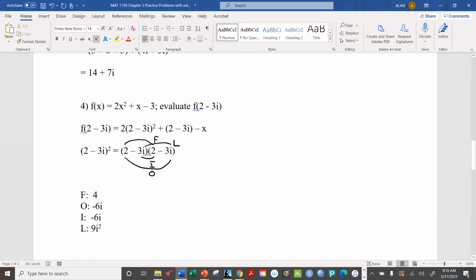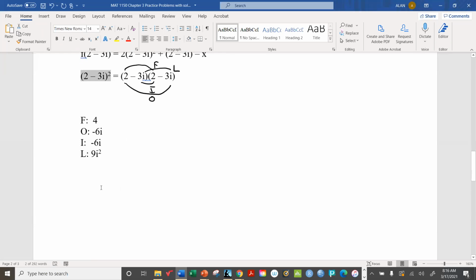All right, so therefore, this expression equals 4 minus 12i plus 9i squared. But, of course, we know i squared is -1. So we have 4 minus 12i minus 9 equals minus 5 plus 12i.